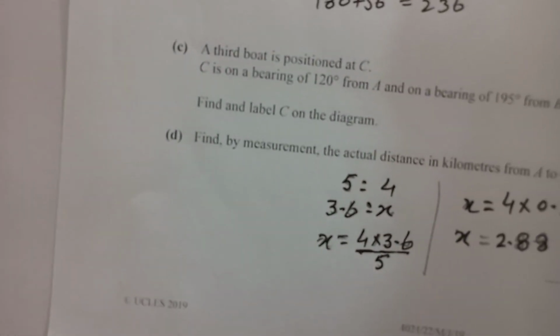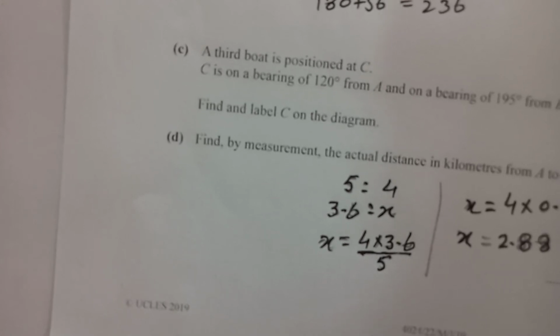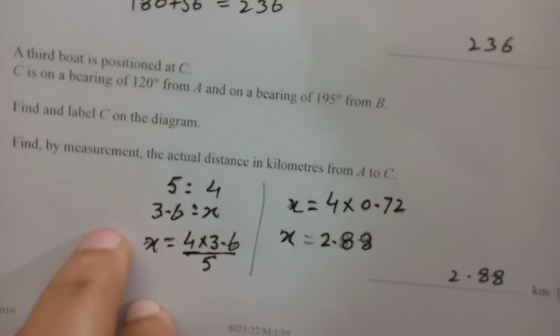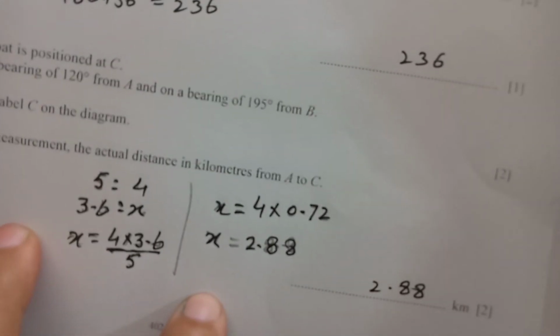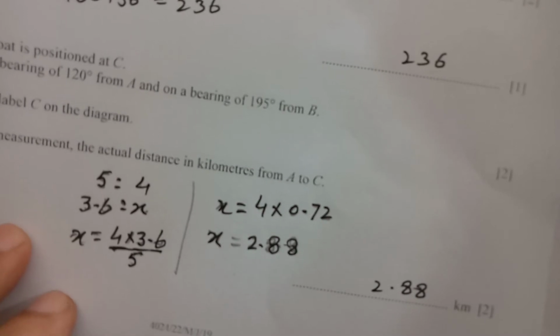So 5 to 4, and 3.6 is the length of AC, ratio x. So your x will be 2.88 kilometers.